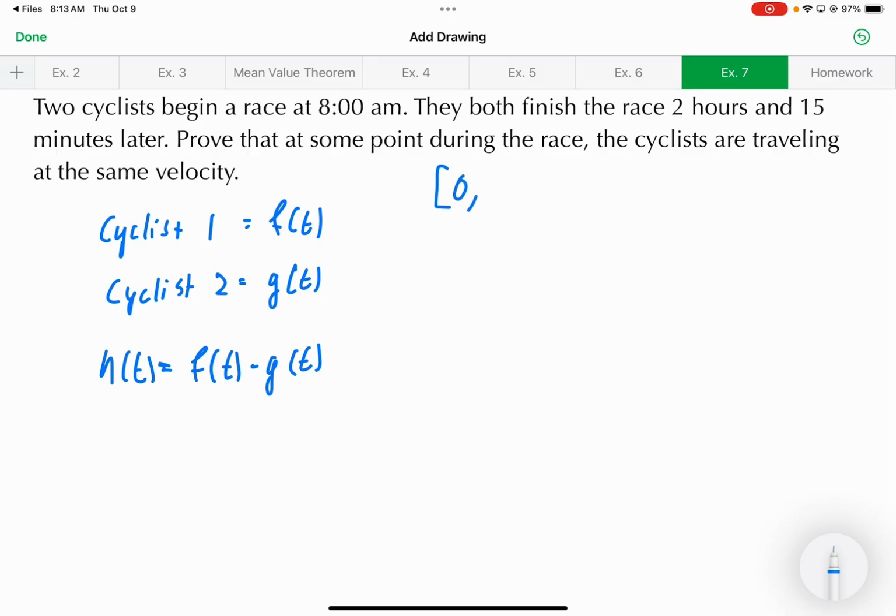Let's say 0 to, and then if we did this in hours or whatever, it would be 2 1/4 hour, right? So then that would be 9/4 if we're doing it in terms of hours, okay? So what would h of 0 be? What's the distance between them at the starting line? 0. What is the distance between them at the finish line?